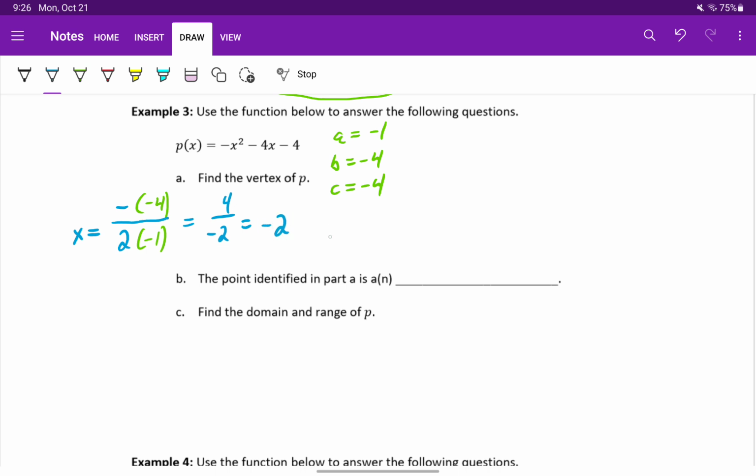Now to get the y-coordinate, we'll evaluate that function at the x-coordinate that we just found.